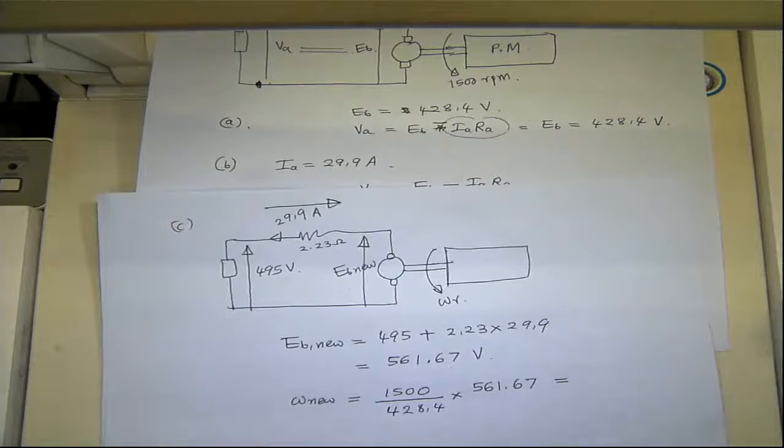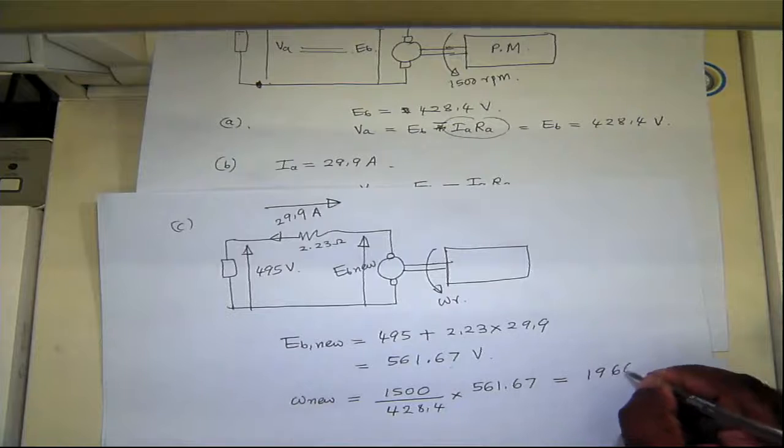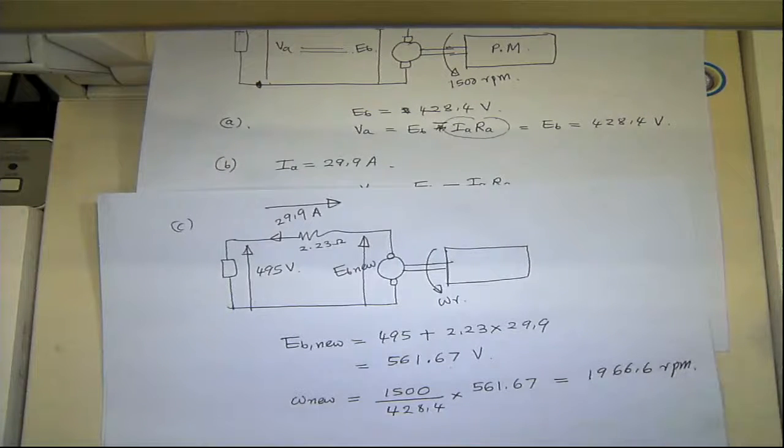So this is the speed it has to run at to achieve that voltage, which is 1966.6 RPM. Any questions on that?